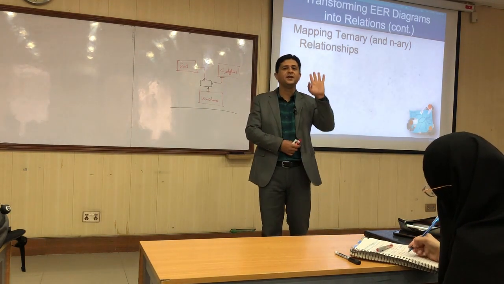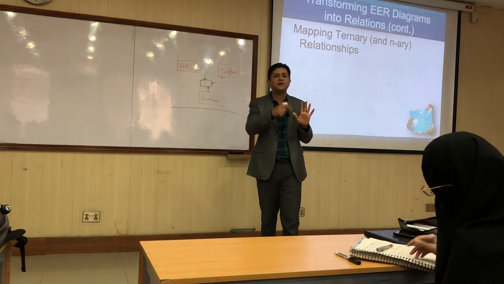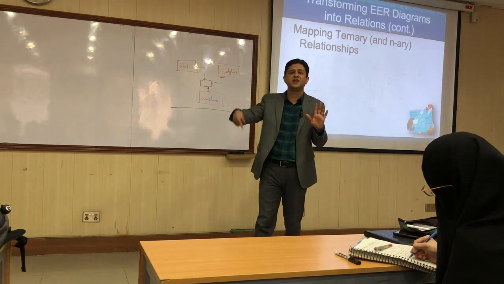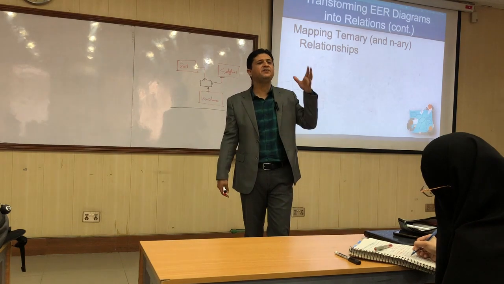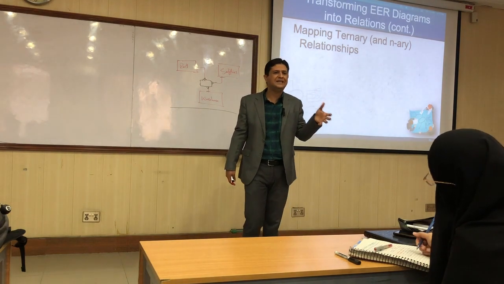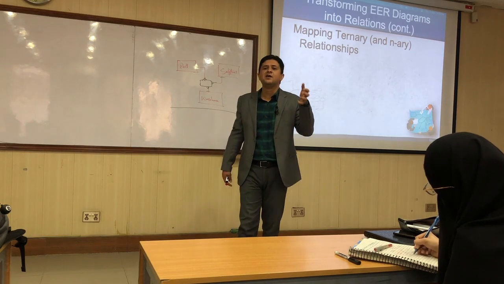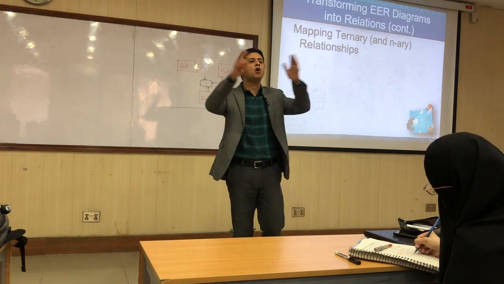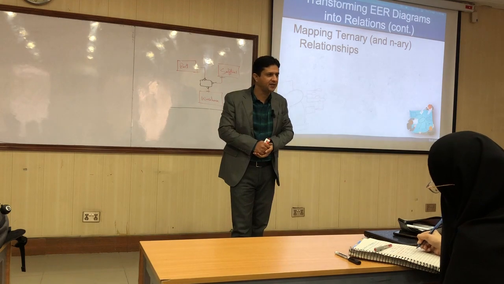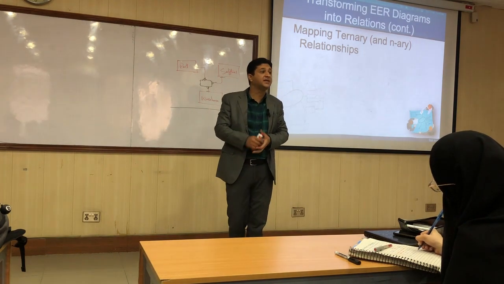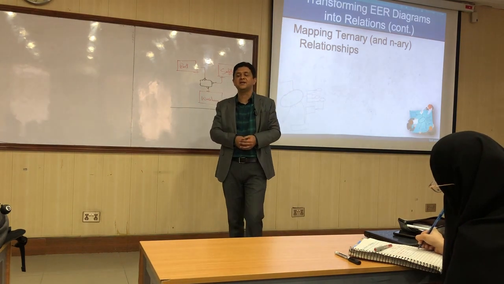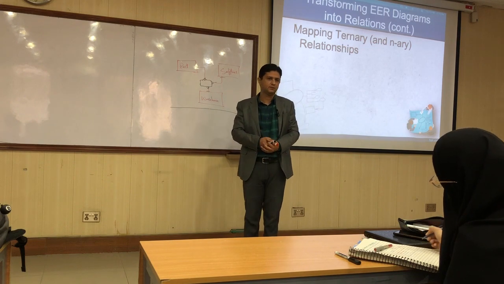So one relation for each participating entity type, and the 5th relation for the relationship, and that 5th relation shall have foreign keys from all of the participating entity types, because there is a one to many cardinality binary relationship.